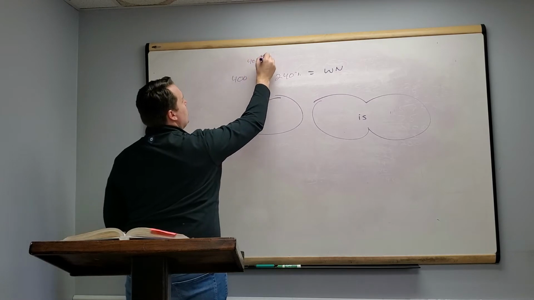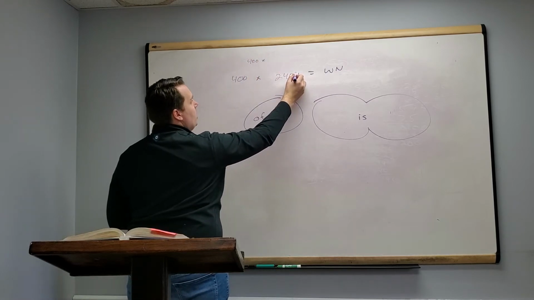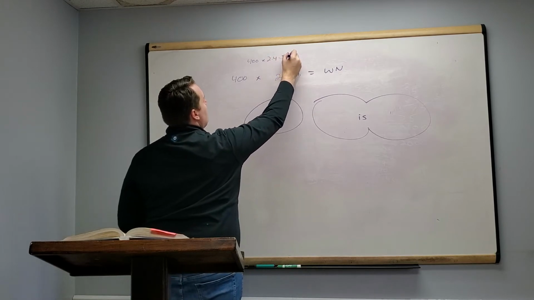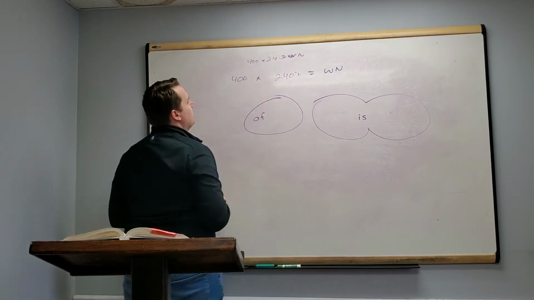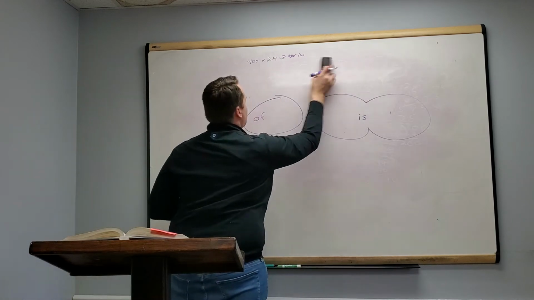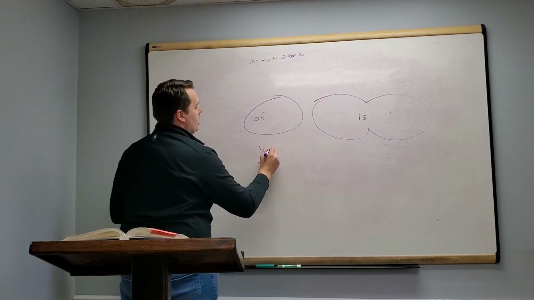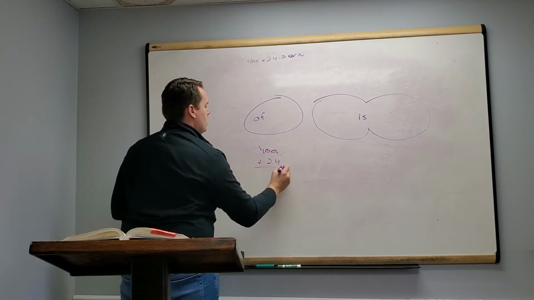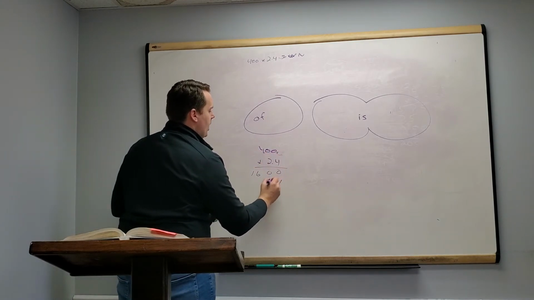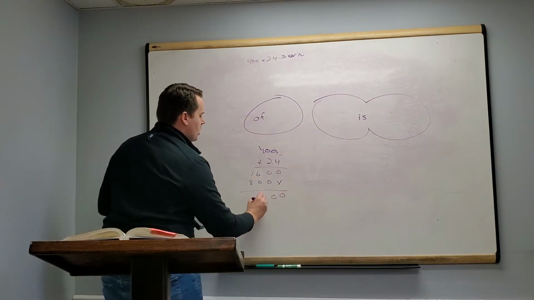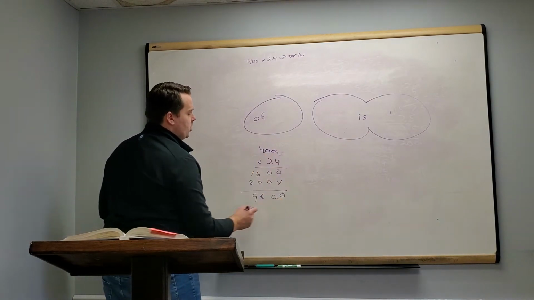So I need to change this into a decimal number. I have 400 times, decimal goes over two spots to the left, 2.4 equals what number, okay? So, not that tall. 2.4 times 400, 16, 8, 0, 0, 960, decimal over one spot.